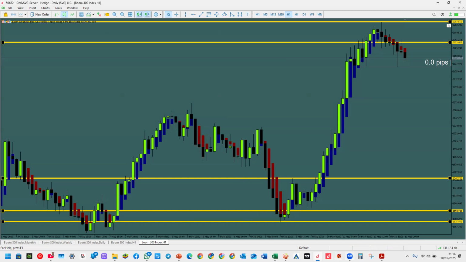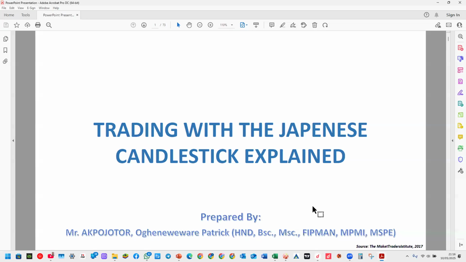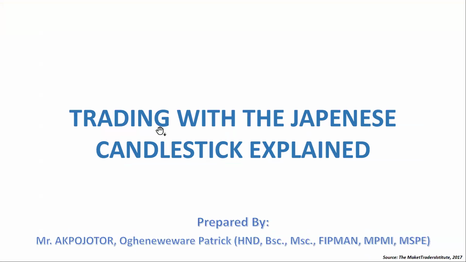So we're talking about trading with the Japanese candlestick. There are other tools we use to trade. We have the line chart, we have the bar chart, histogram. There are a lot of tools we use to trade.